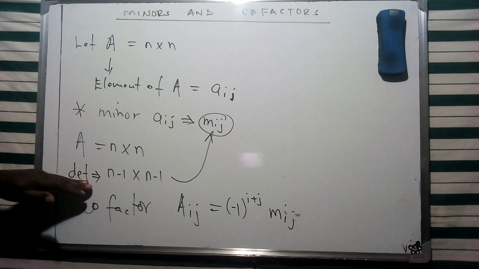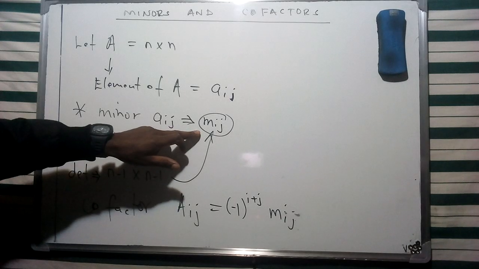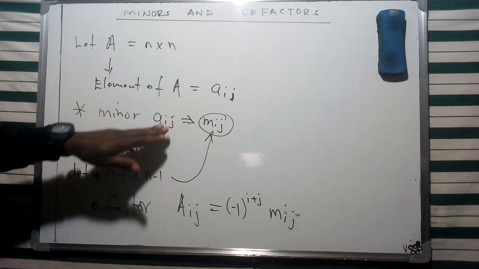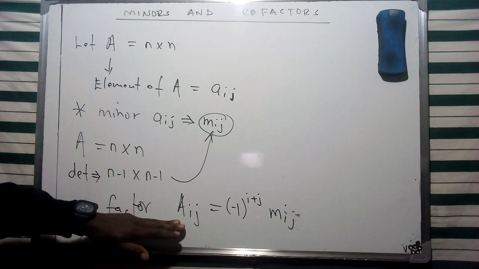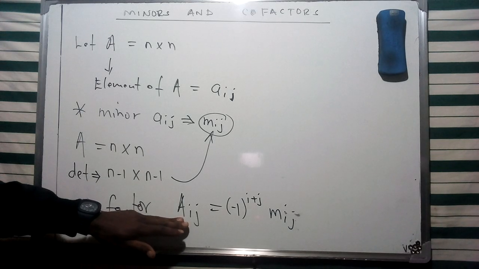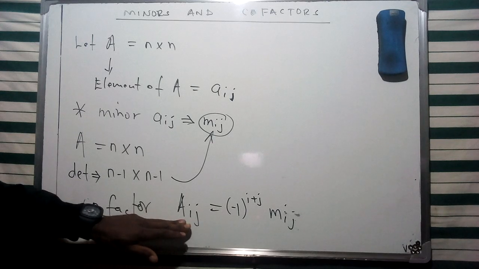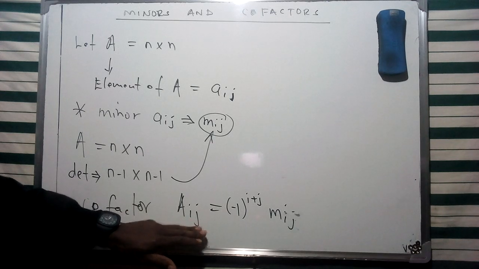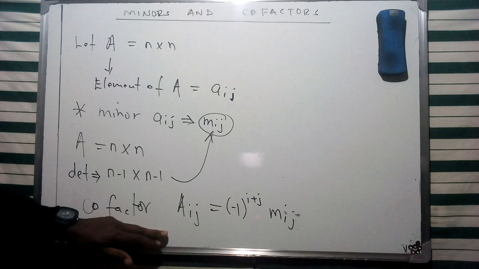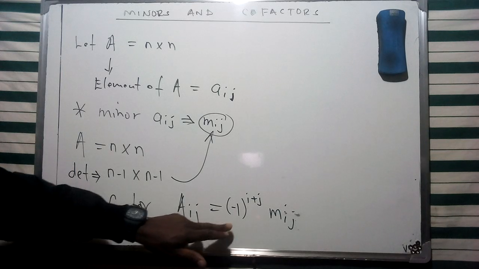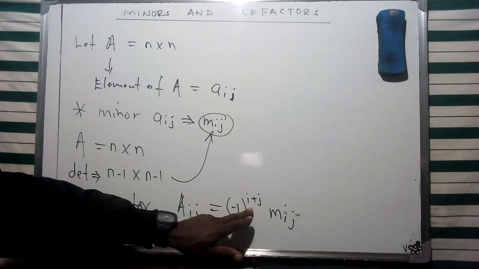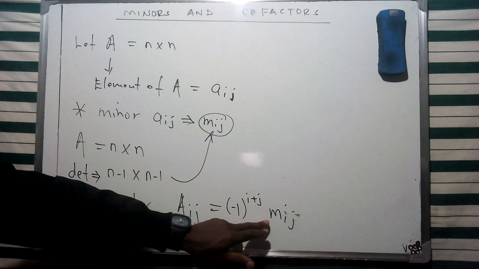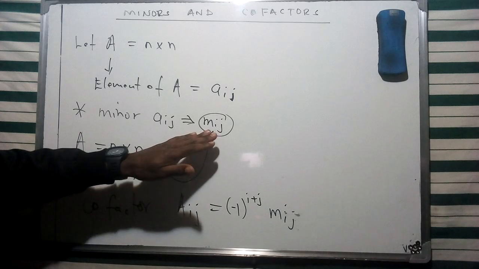This determinant gives us the minor of that specific element of A. The cofactor of the element a_ij, where i represents a row and j a column, is obtained by multiplying negative 1 raised to the sum of the ith row and jth column by the minor of this specific element.